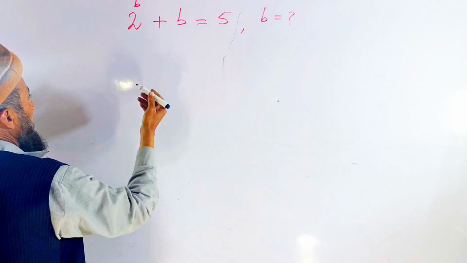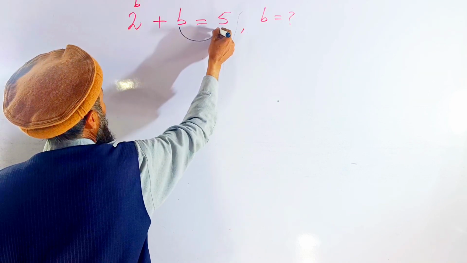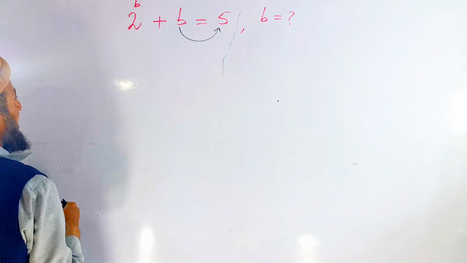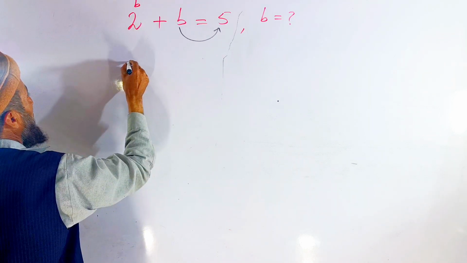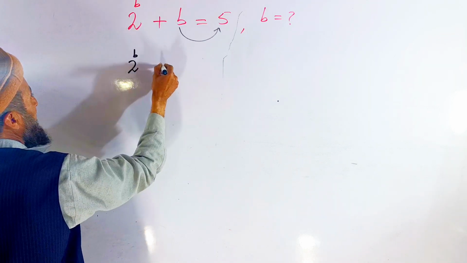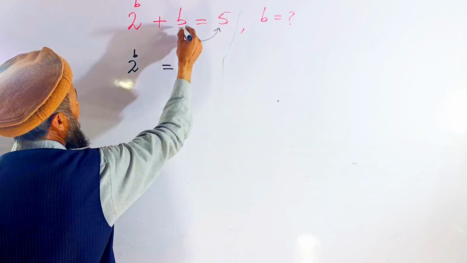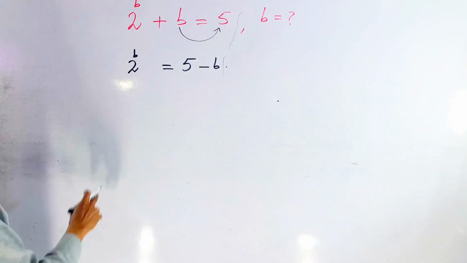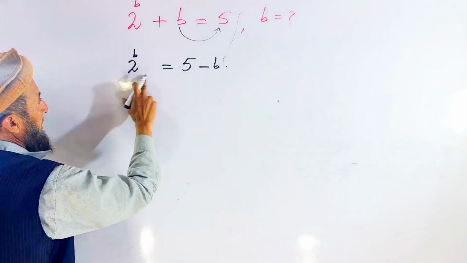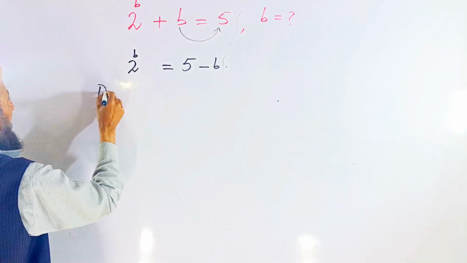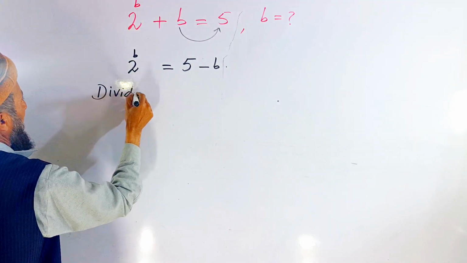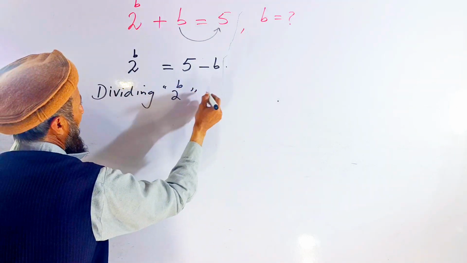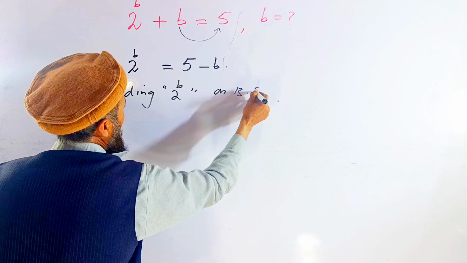First of all, we move this term to the right side, so its sign is also changed. So we can write 2 exponent b is equal to 5 minus b. Now we divide by 2 exponent b on both sides of this equation.